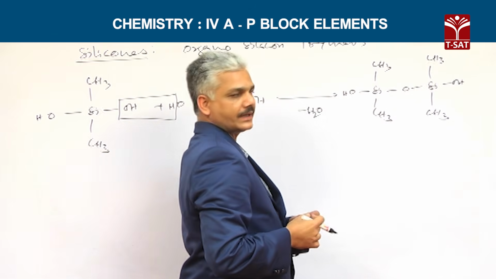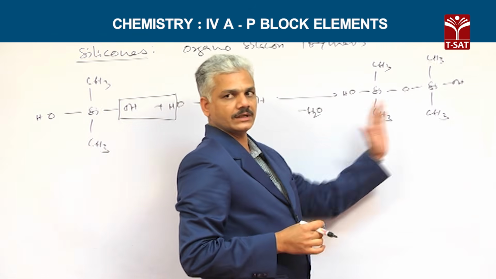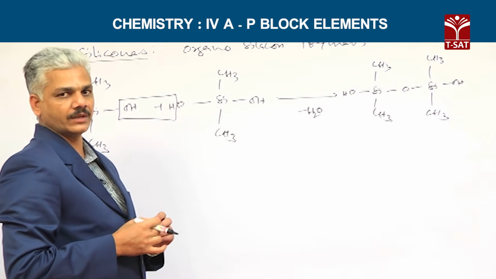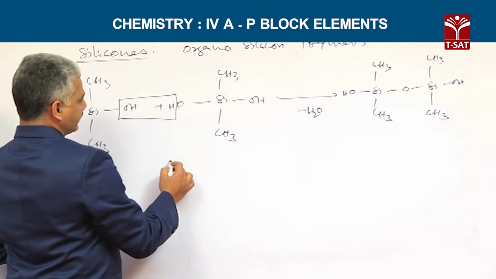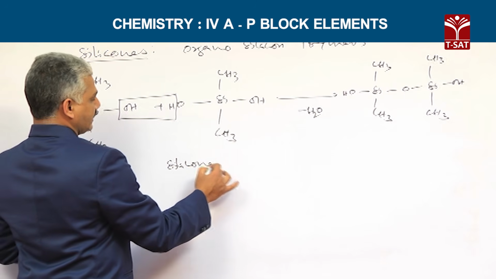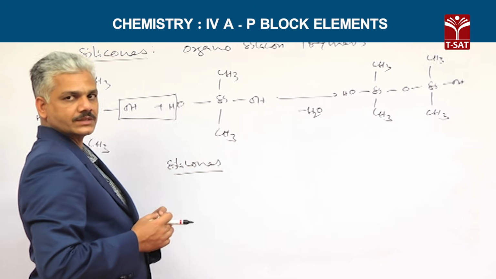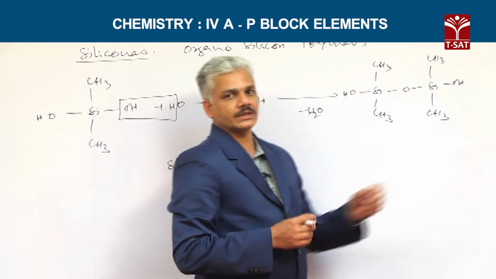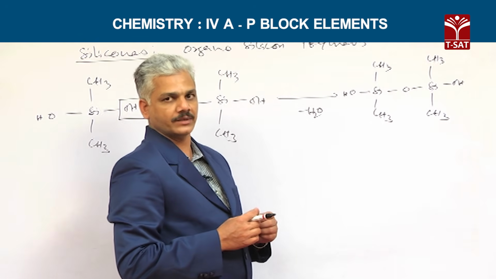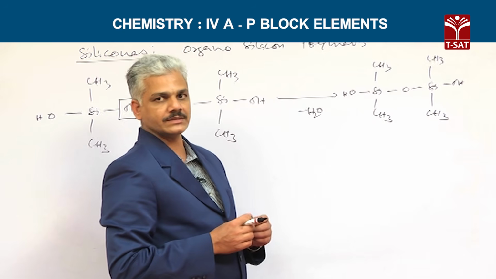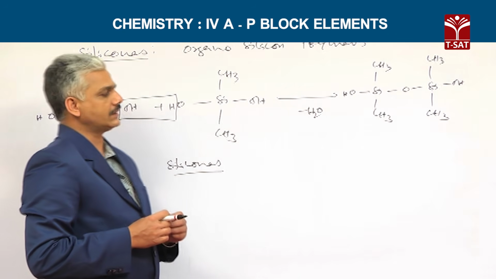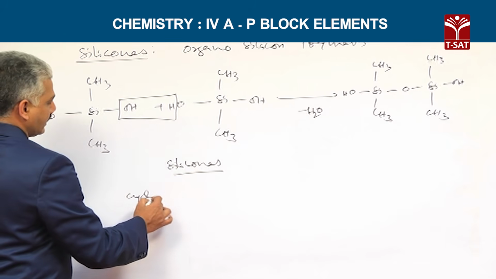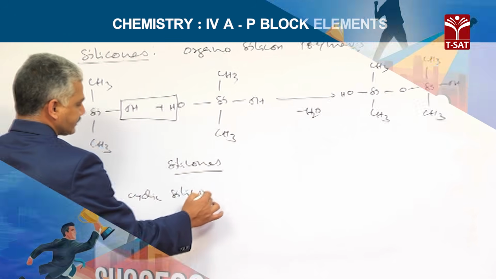The process of addition can take place on either side, leading to the formation of a polymer, and those polymers are called silicones. The reaction comes to an end when the terminal OH groups combine together, and in that process one water molecule is eliminated. Then the resultant polymers obtained are called cyclic silicones.